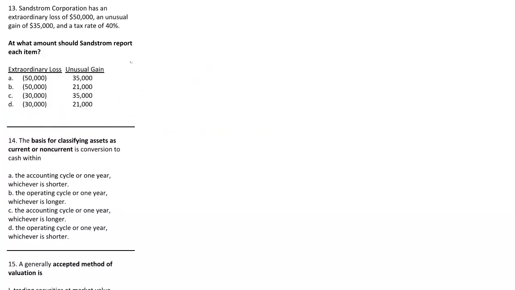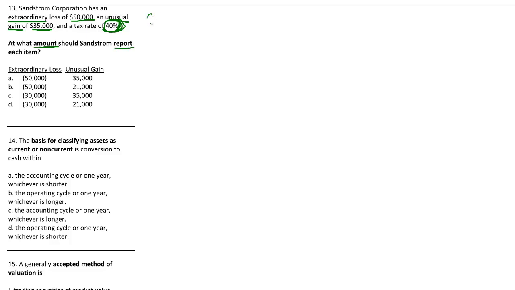Sandstrom Corporation had an extraordinary loss and an unusual gain. What is the amount that Sandstrom should report for each of these items? Okay, so an extraordinary loss of $50,000, an unusual gain of $35,000, and a tax rate, remember we have to care about taxes again, of 40%.